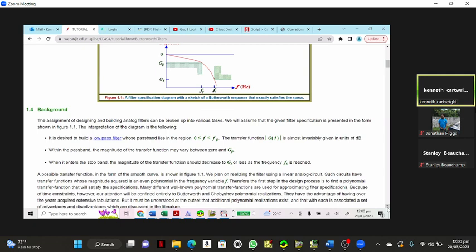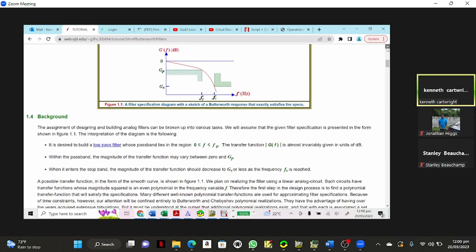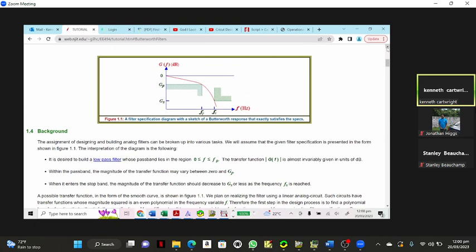What do you think you're looking at in figure 1.1? A low pass filter. The Butterworth. Well, what makes it a Butterworth?